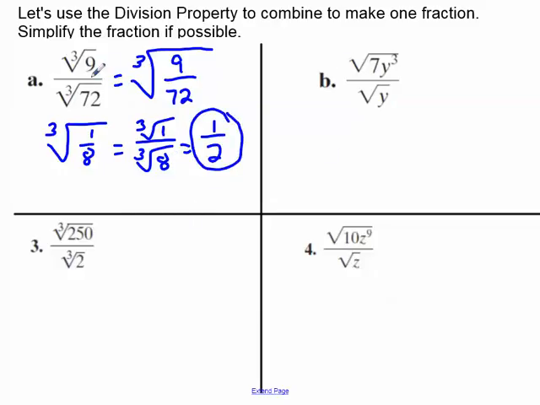So we can separate and conquer, or we can, for this one, combine and conquer. Same thing here. Square root of 7, that can't be simplified. Square root of y cubed could be simplified, but maybe we can look to combine these first and say it would be one giant house of 7y cubed over y.